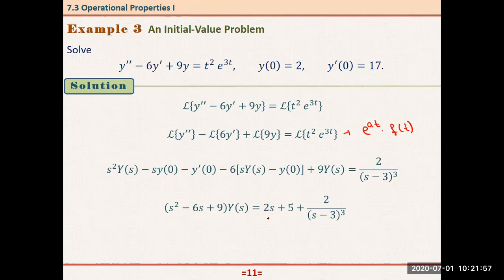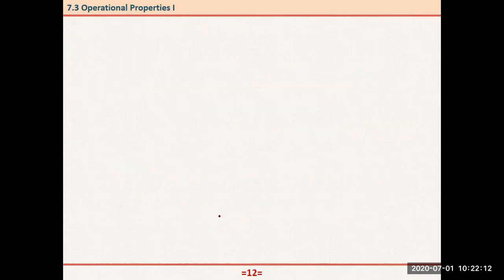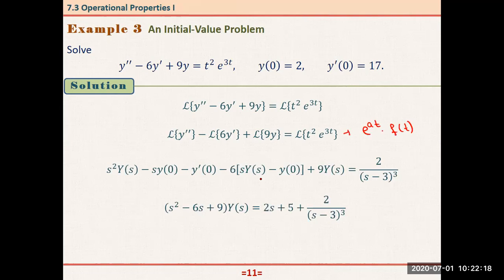Y of s. On the right hand side, evaluating some other things here, we have 2s plus 5. We are just taking this to the right hand side. And on the right hand side, we have also this algebraic fraction, right? And divide both sides by this. It's just solving like a linear equation. If you divide both sides by, as you see here, this thing is a perfect square, right?